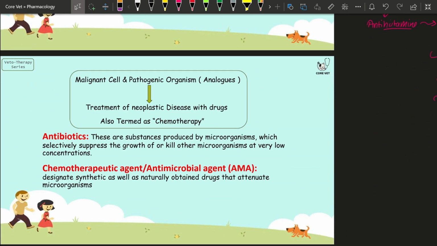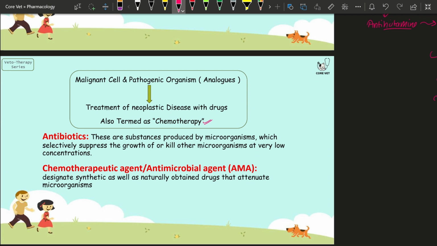Earlier, malignant cells weren't considered, but the drugs for malignant cells are now considered under chemotherapy also, because malignant cells are analogous to the pathogenic organism.